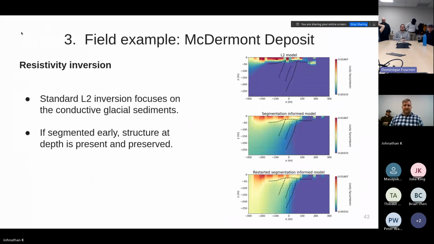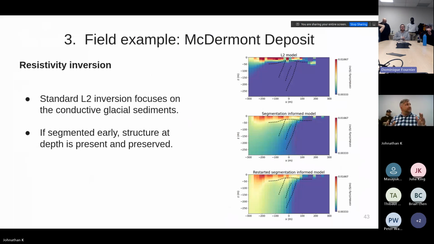So if we look at the resistivity inversion, the normal L2 is really focusing on that conductive layer at surface. It's really sucking everything up. But if we segment early enough, we can actually start to preserve that depth structure. So if we do the first line through the workflow, where we estimate new beta and update the regularization, yeah, we can preserve that structure.